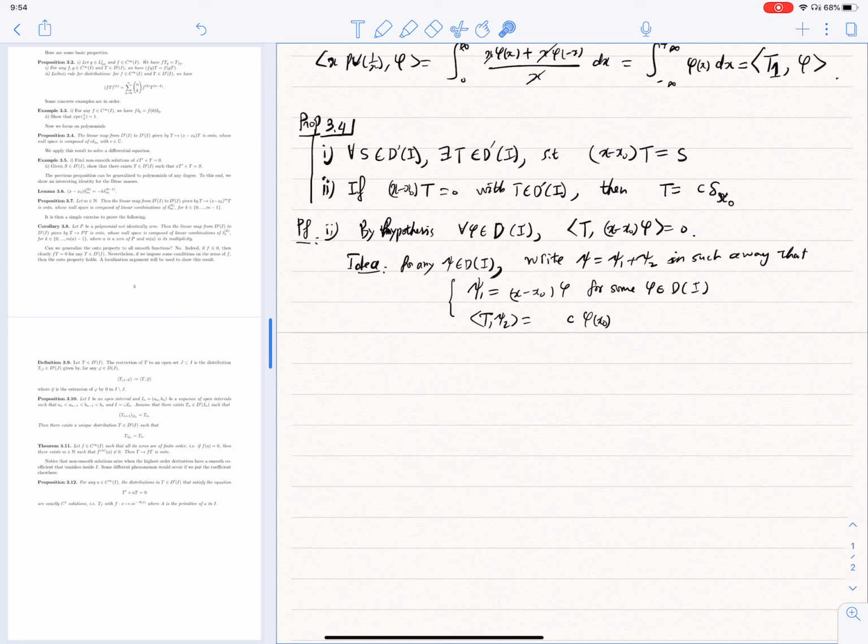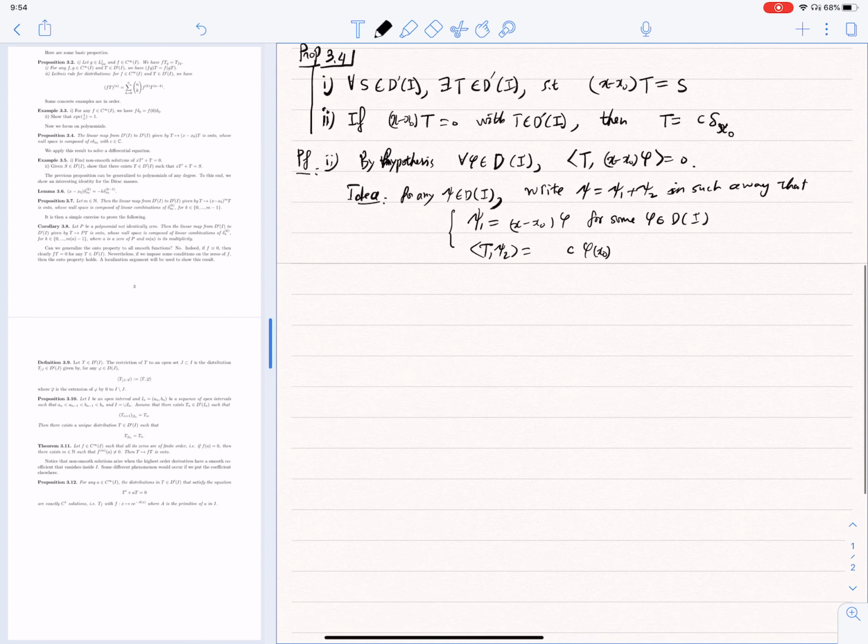On the other hand, if T applied to psi 2 gives us a constant times phi of x naught, we are done because it says that T applied to psi will be precisely this value, and this is exactly the same thing as this equation we want to show. So all the work is reduced to finding such a decomposition. So let's proceed.